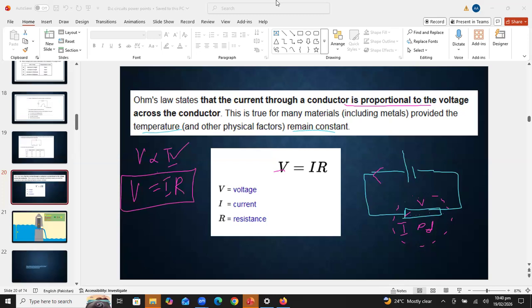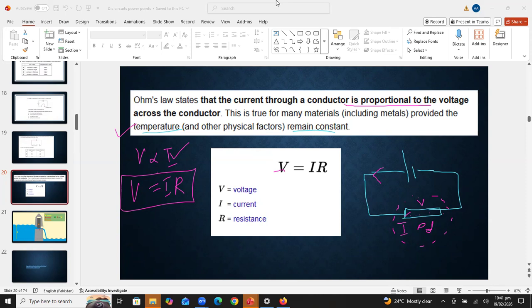तो देखिए बेटा, ओम्स लॉ को स्टडी करने के लिए two factors must remain constant. Number one, temperature, and number two, resistance itself. Because if the temperature will change, तो देखिए अभी हम ये पढ़ते हुए आ रहे हैं कि अगर temperature increase होगा तो resistance increase होगी. ठीक है. So it means if temperature will be changed, so resistance will be changed. So we cannot apply the Ohm's law. ठीक है.